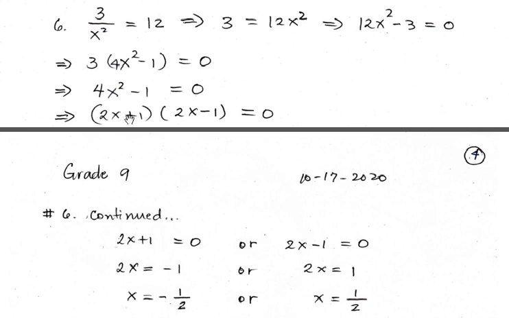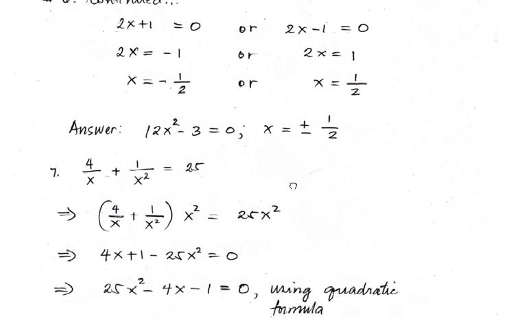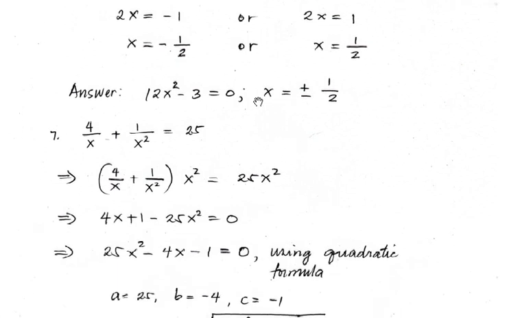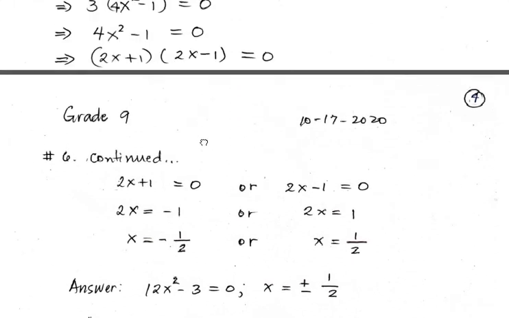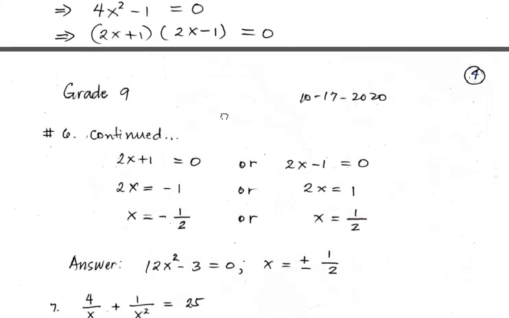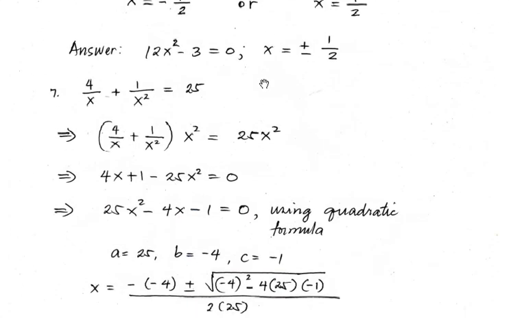So we can factor it as 2x plus 1 and 2x minus 1 equated to 0. Solving for x, we end up with x is plus or minus 1/2. So the required transformed quadratic equation is 12x squared minus 3 equals 0.